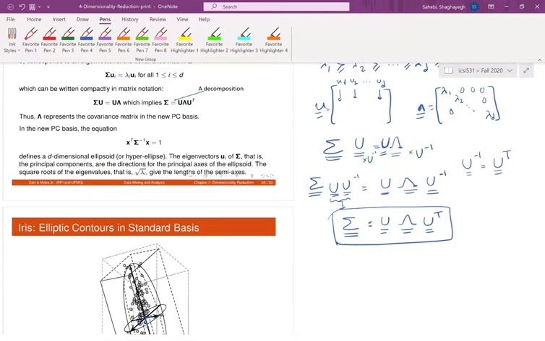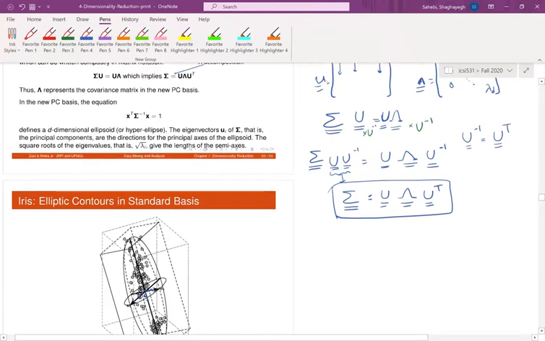Basically, we can rewrite our covariance matrix sigma, which is a d by d matrix, as a multiplication of 3 other matrices: U, lambda, and U transpose. U and U transpose are orthogonal matrices, so their columns are all u's that are perpendicular to each other, and lambda is a diagonal matrix.